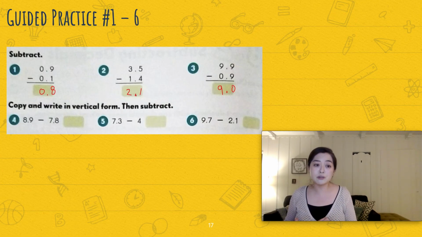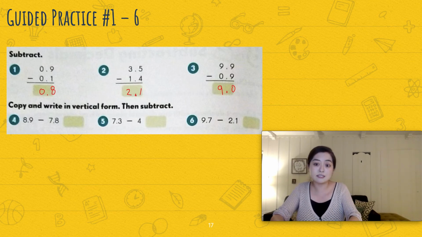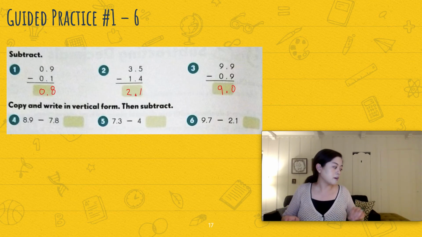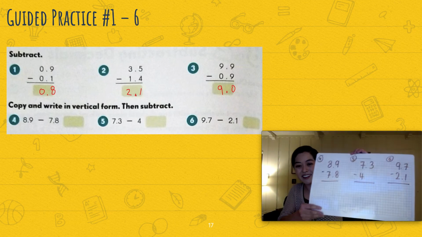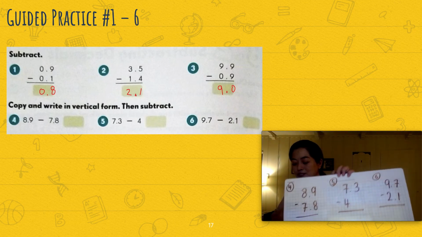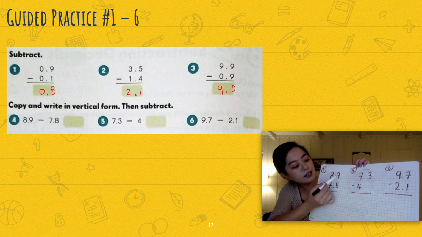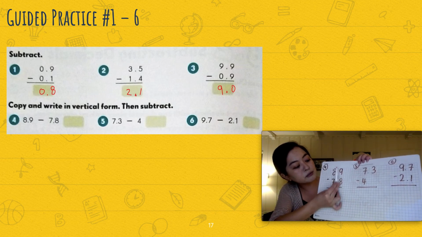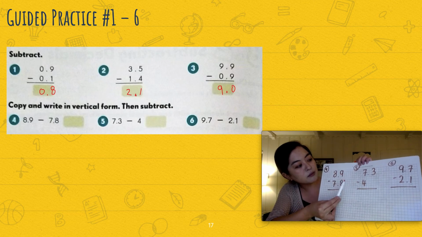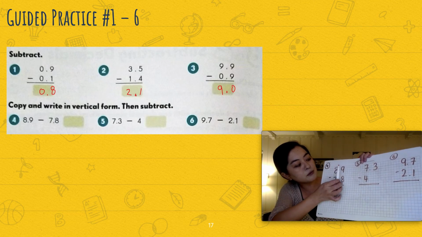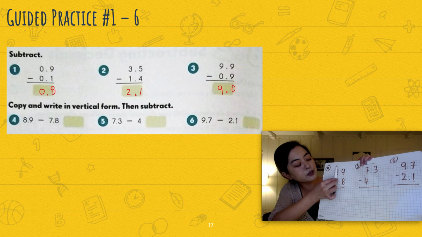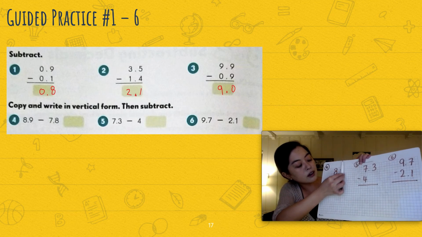All right, for numbers 4, 5, and 6, I did it on my board over here. Okay, so let's just do it together. I'm going to start with the lowest place value column. And I'm remembering, hey, I'm going to stack up my place values on top of one another.